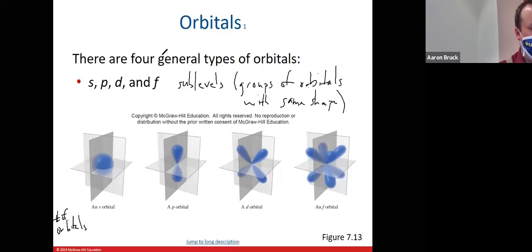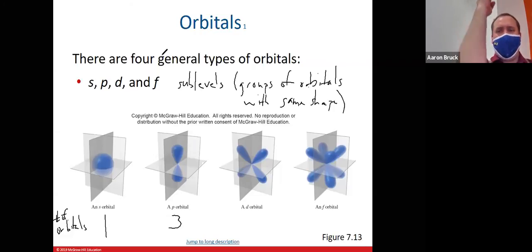Now, in the S sublevel, there's only 1 orbital. In the P sublevel, there happen to be 3 orbitals. That dumbbell-shaped orbital actually exists in the 3 primary directions.